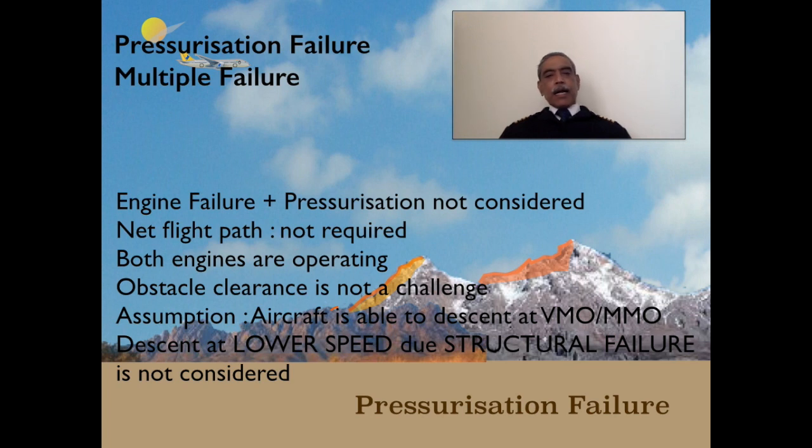But it is possible that sometimes pressurization has failed due to structural failure or damage to a structure, in which case you cannot increase speed to VMO, MMO, and consequently your rate of descent achieved will be much lesser.